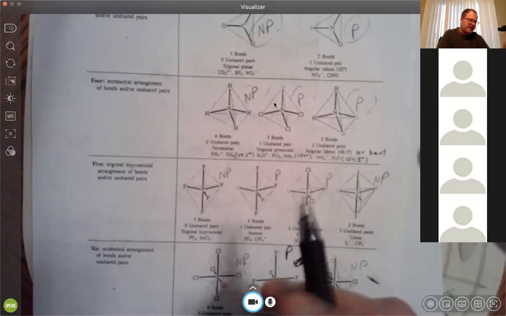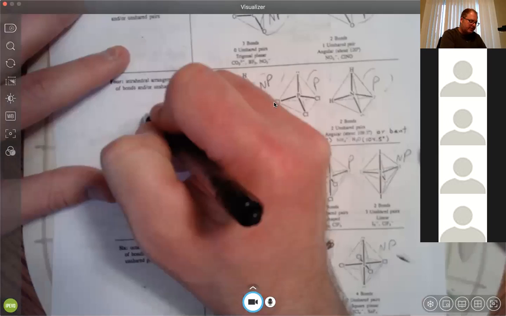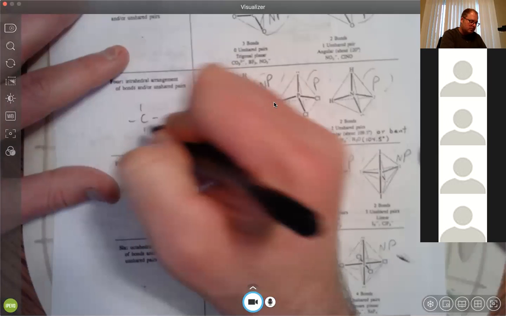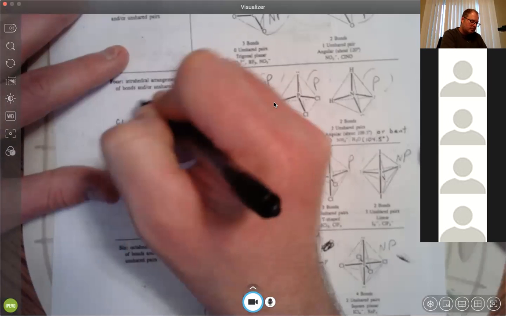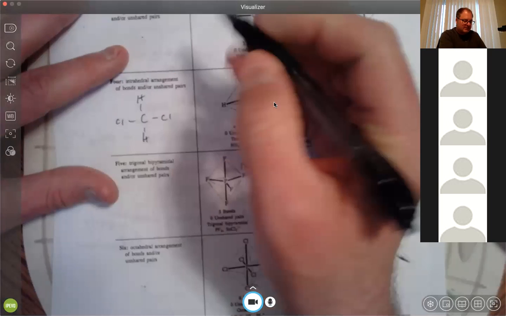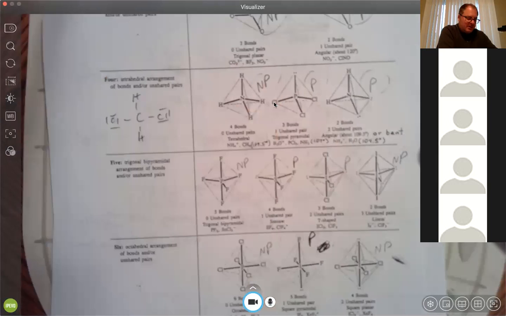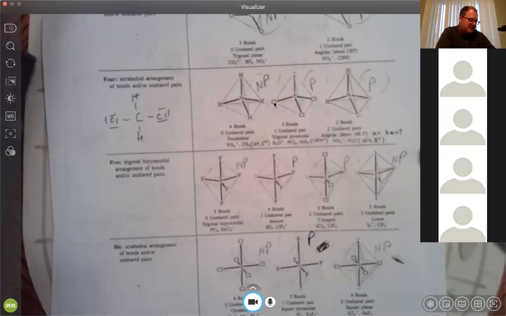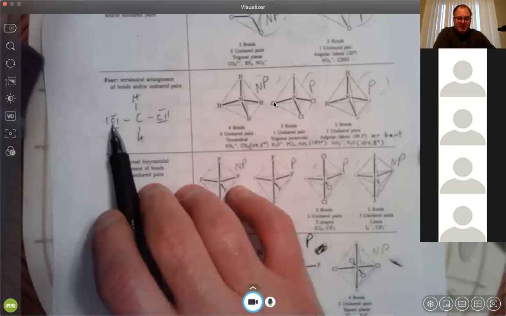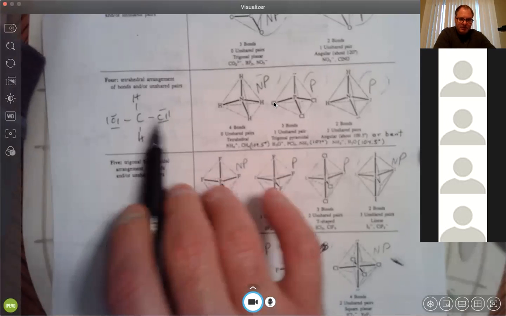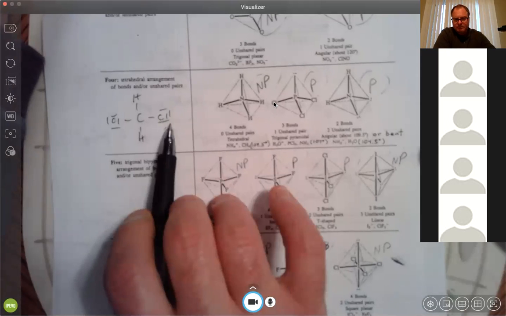Because imagine if we had, for example, this. Right away, looking at that, it looks symmetrical and it looks like these two would cancel each other out. But what's the shape of this guy?